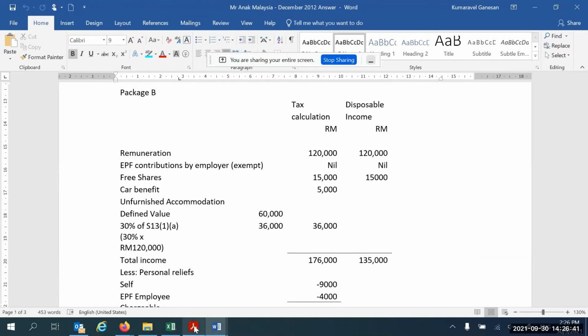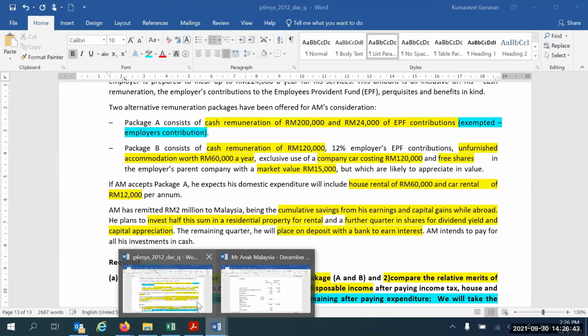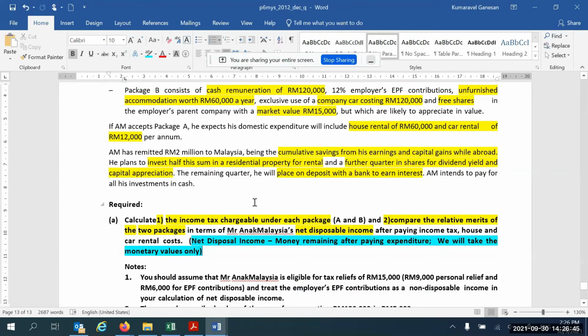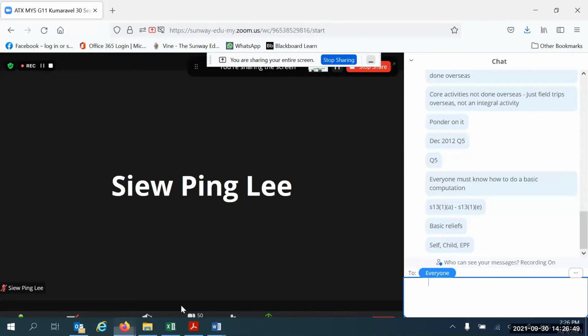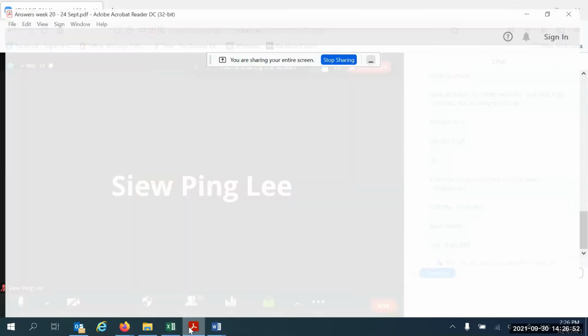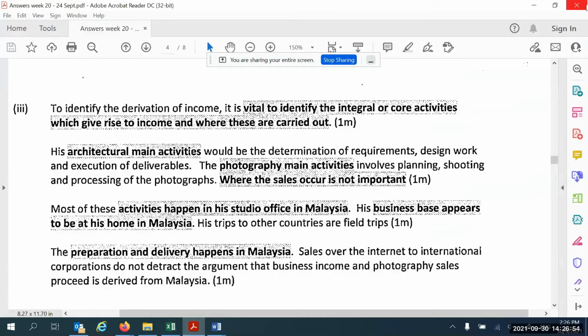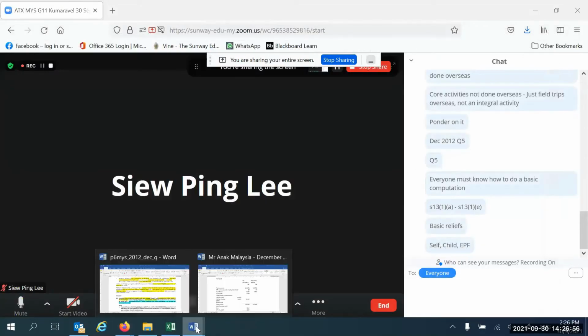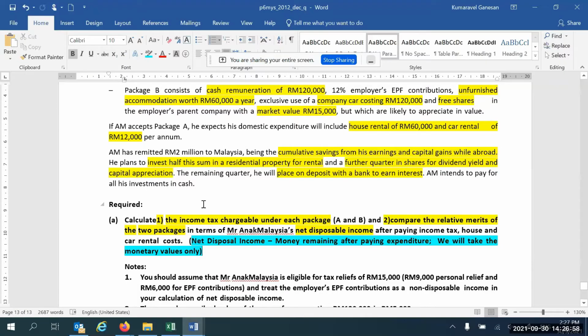Now, I have a few things I have to do. The first one is to calculate the income tax chargeable. Compare the relative merits of two packages. That means which is beneficial.